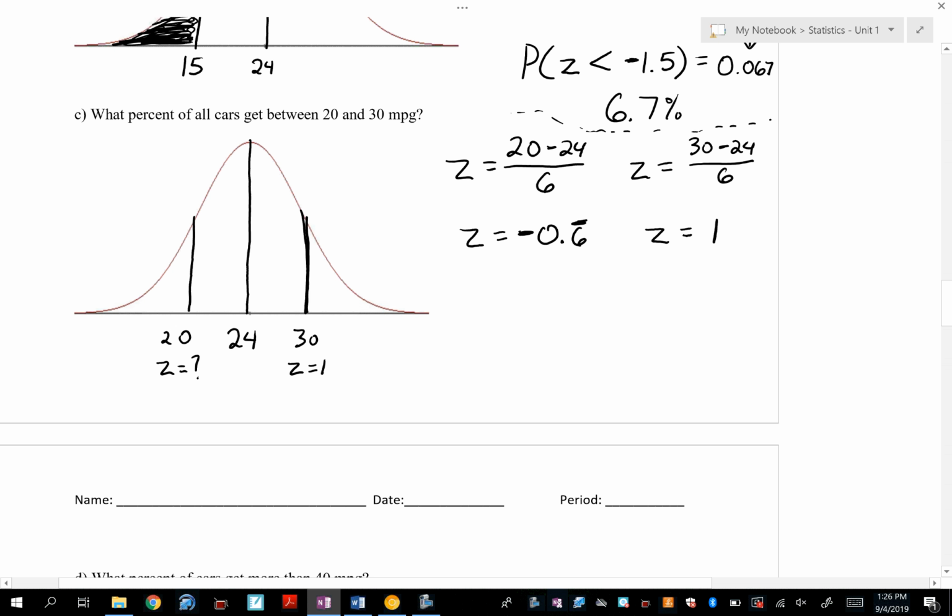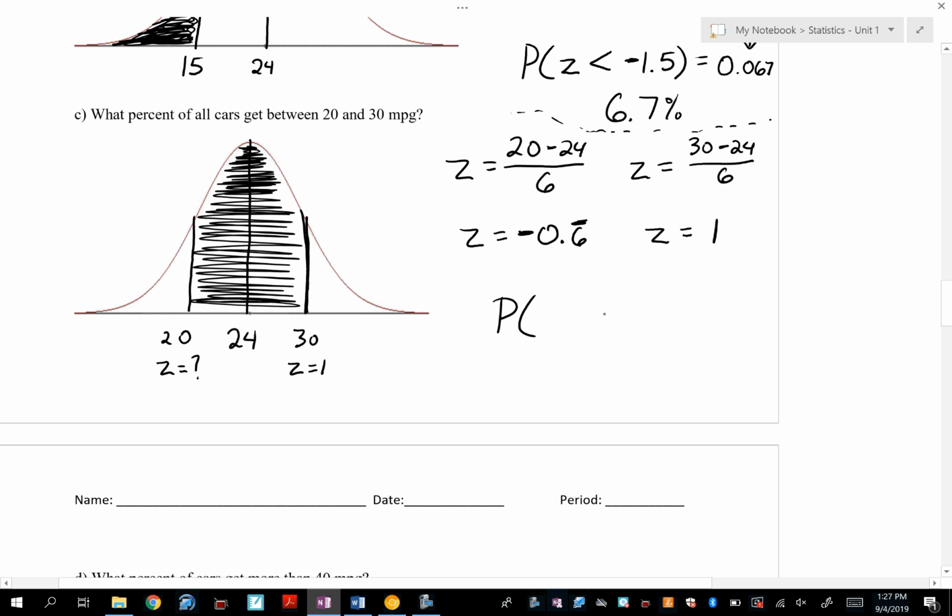Okay, so now watch how I write this one. We want to find those percentage of all cars between these two numbers. So I'm going to be shading in the middle. So I'm trying to find that area under the curve.